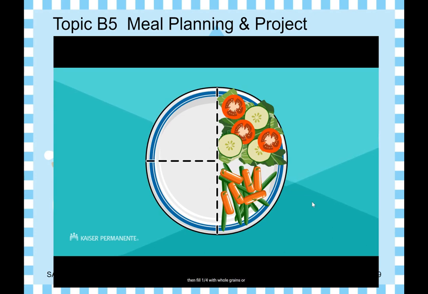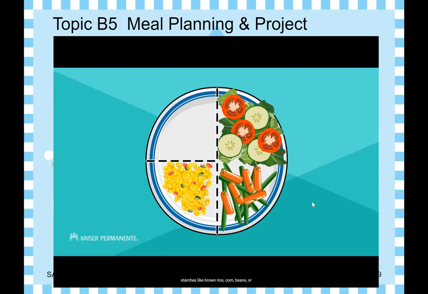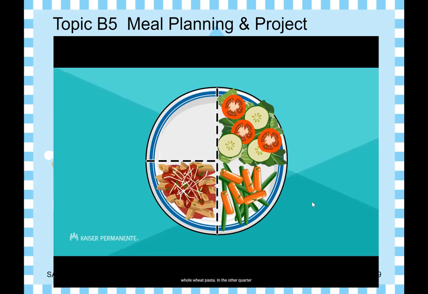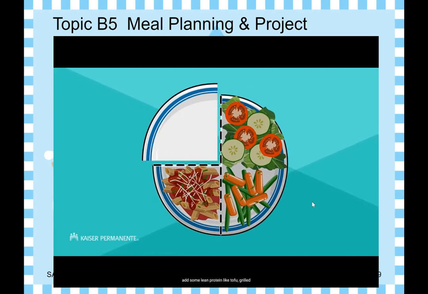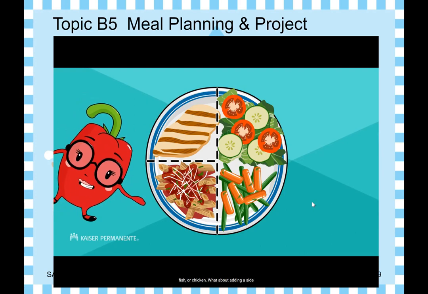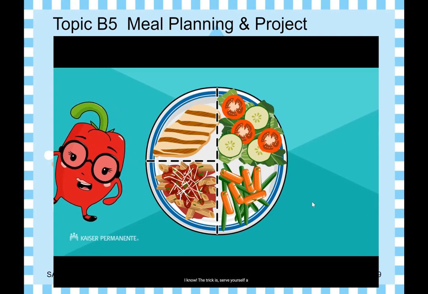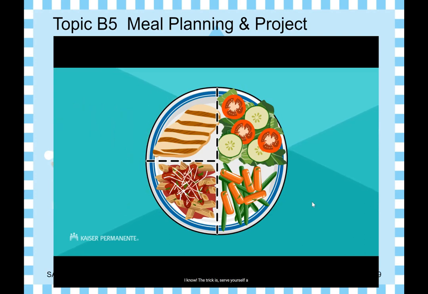Then fill 1/4 with whole grains or starches like brown rice, corn, beans, or whole wheat pasta. In the other quarter, add some lean protein like tofu, grilled fish, or chicken. What about adding a side of tortilla or bread? That's hard to resist, I know. The trick is to serve yourself a smaller portion of the other starches on your plate instead.